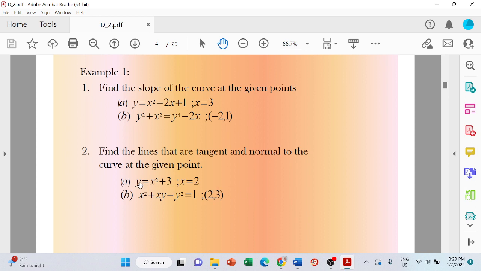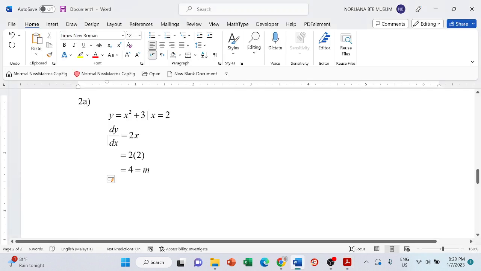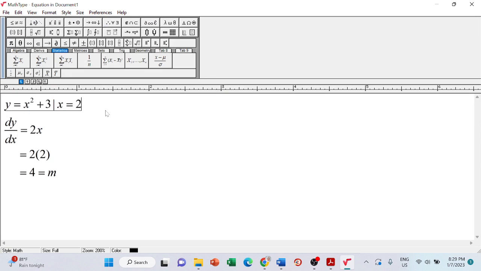For the first equation kan, dia bagi y sama dengan x squared plus 3. Okay. From this equation, you see kat sini. From this equation kan, Madam nak tahu coordinates.